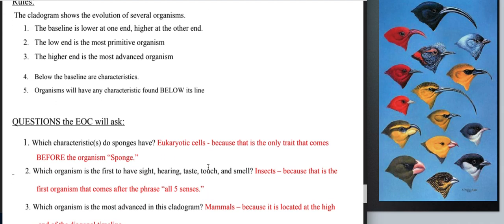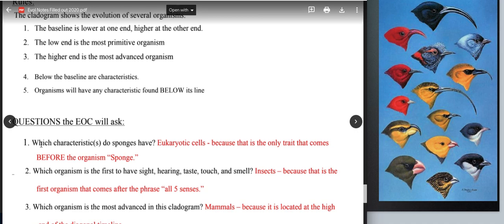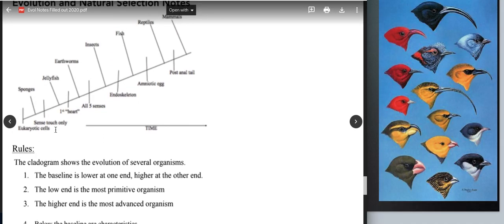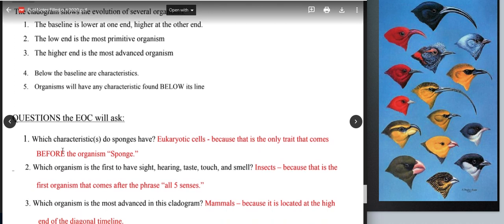Now, questions that the EOC will ask. Which characteristics does a sponge have? Well, remember, sponges have every characteristic below them. So here's the sponges. The only characteristic that's below is eukaryotic cells. So that's all they have.